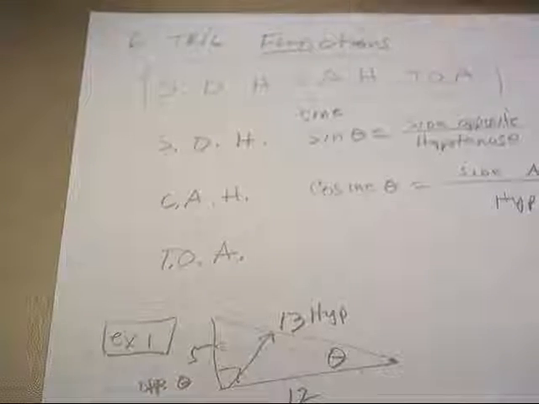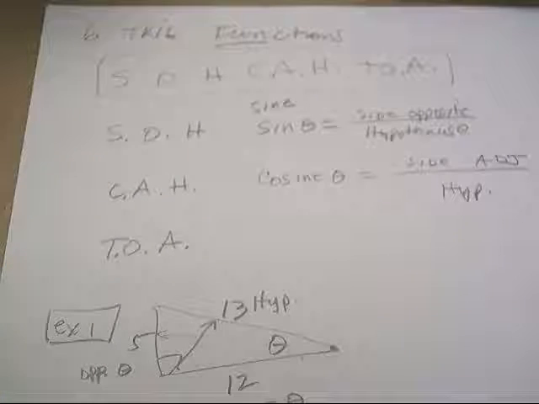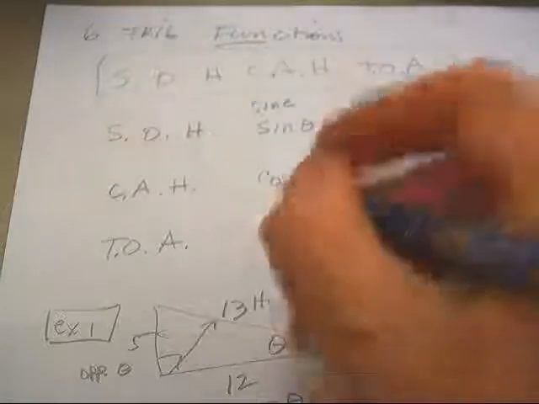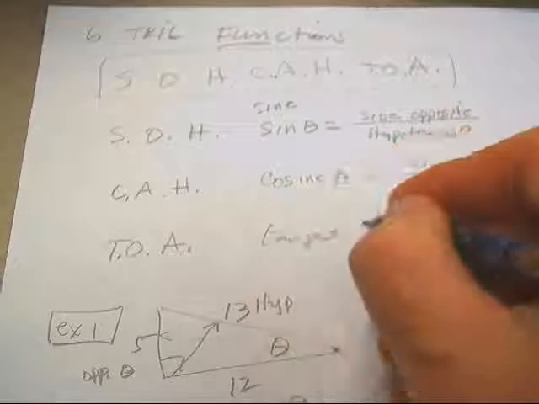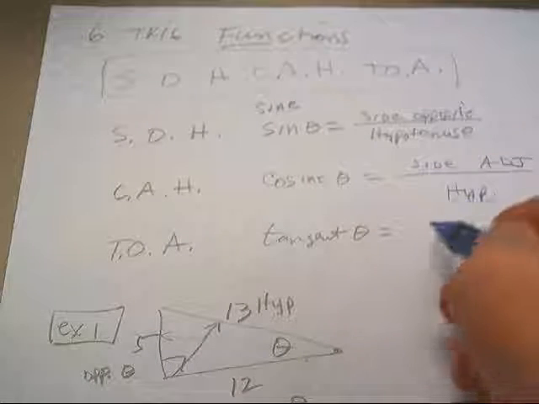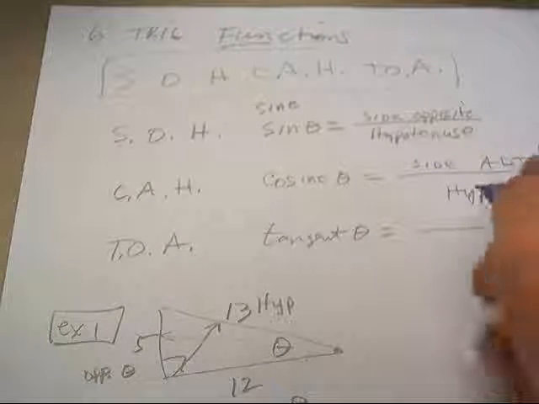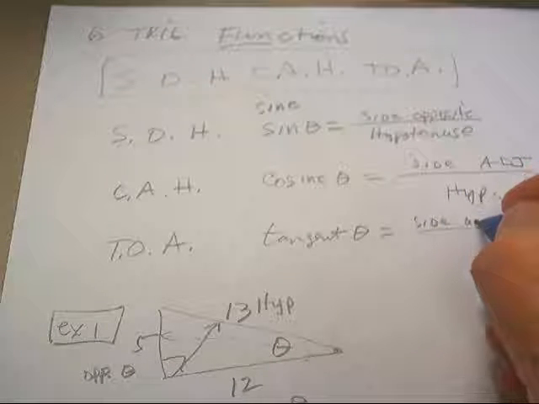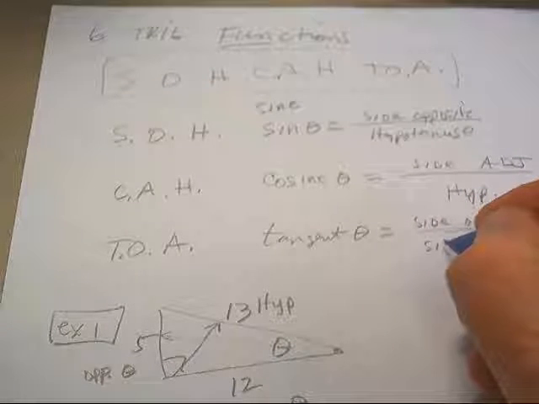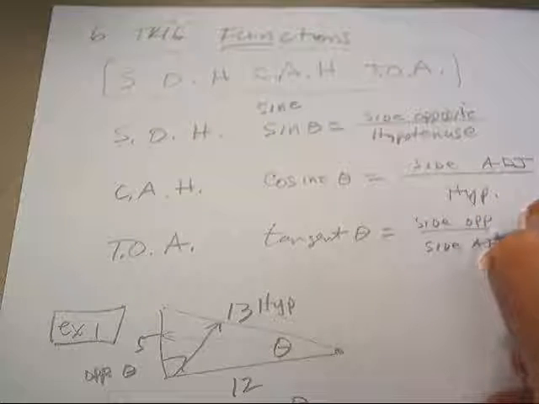Actually, there's three things we'll do in this first section we're working on right now, and this is one of them. It's called write the 6 trig functions. And then this one is tangent. We abbreviate it tan to make you think of being out in the sun. And that's side opposite over side adjacent.